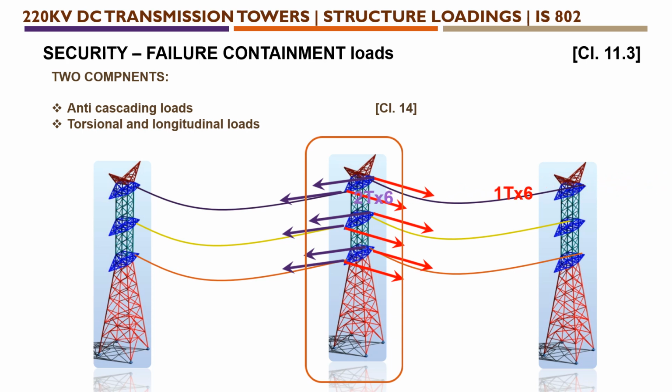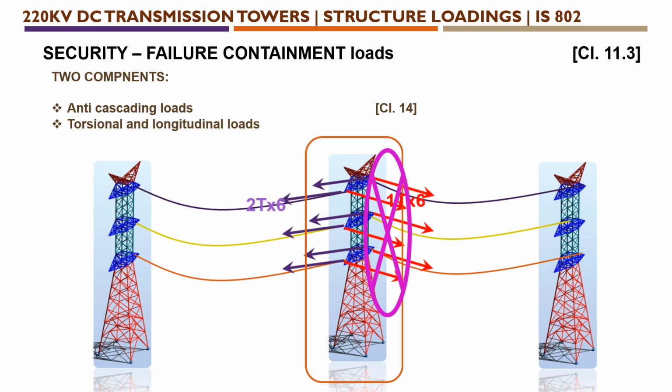Suppose the right hand side tension is 2 times the left hand side conductor tension, 1T into 6, where 6 is the number of conductors connected as a double circuit. So we must ignore the lesser tension value on one side, and we need to apply only the one direction force, that is 2T into 6, on the tower.